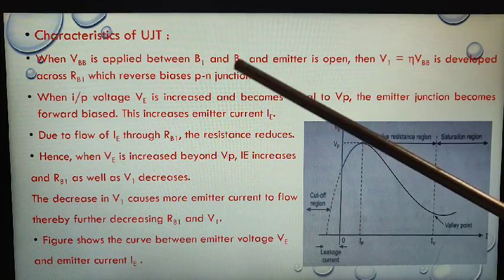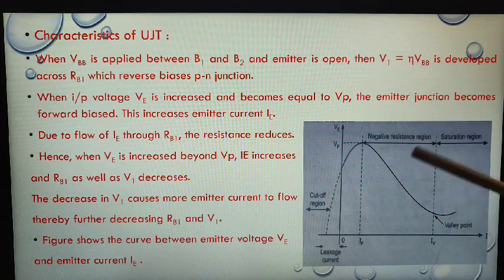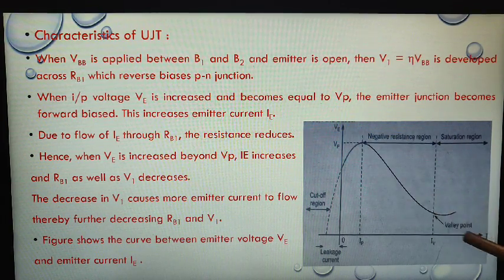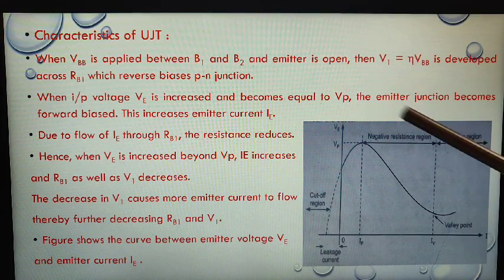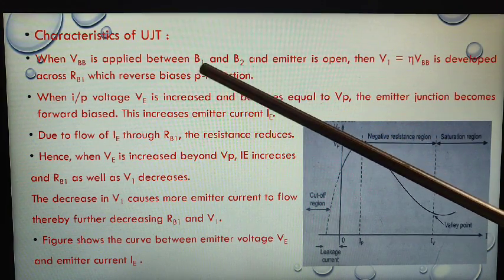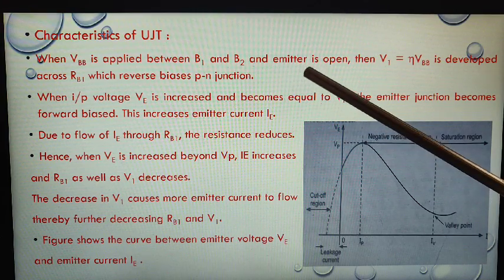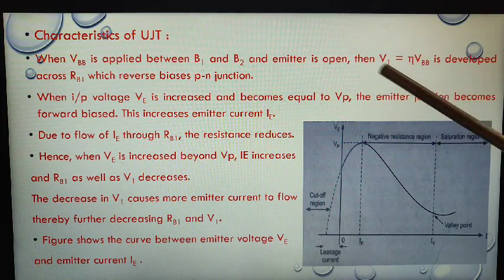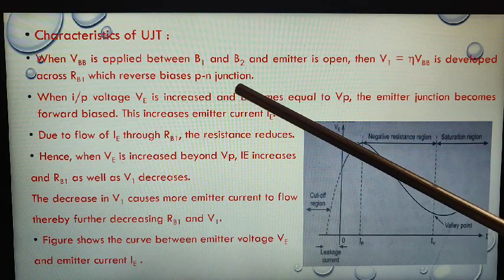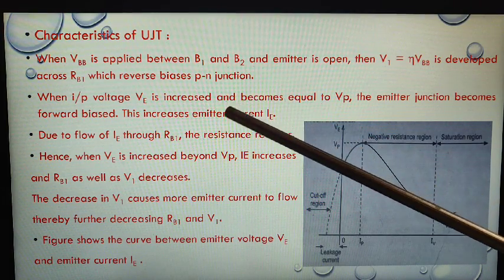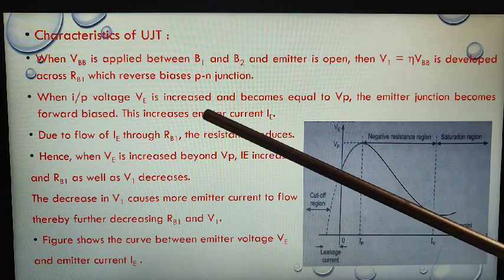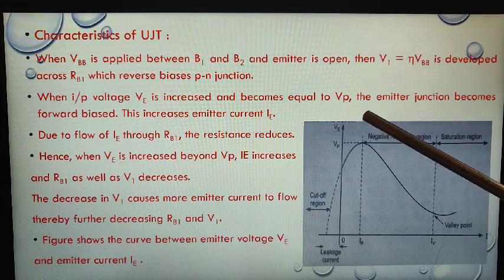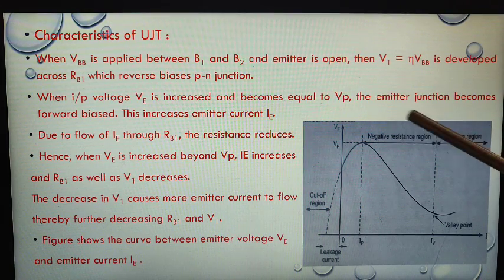Next we see the characteristic of UJT. This is the graph of emitter voltage VE versus current. When VBB is applied between B1 and B2 and the emitter is open, then V1 equal to eta VBB is developed across RB1, which reverse biases the PN junction. When input voltage VE is increased and becomes equal to Vp, the emitter junction becomes forward biased.